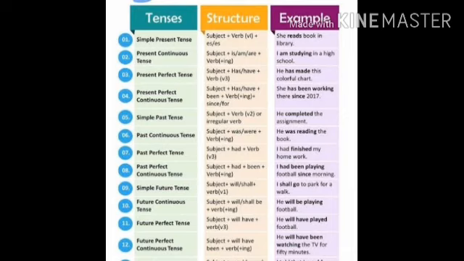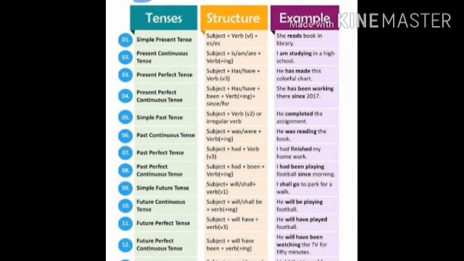We always use third form of verb. So the example of present perfect is he has made this colorful chart. Has made. Made is third form of verb. So in negative sentence we will use he has not made this colorful chart, and in interrogative we will use has he made this colorful chart.